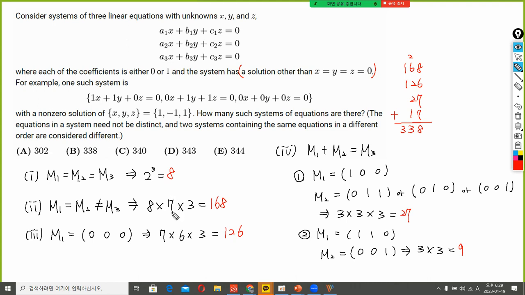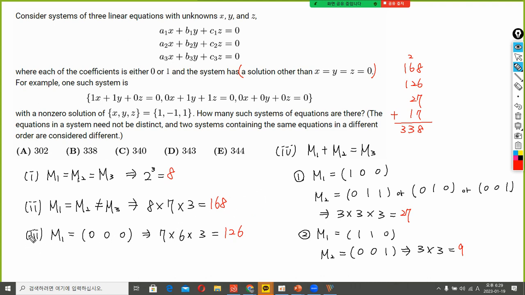So the second choice is 7, and then there are three cases. M3 is different from M1 and M2, or M2 is different from M1 and M3, or M1 is different from M2 and M3. So that's why we are multiplying 3 here. So the second case is 168.